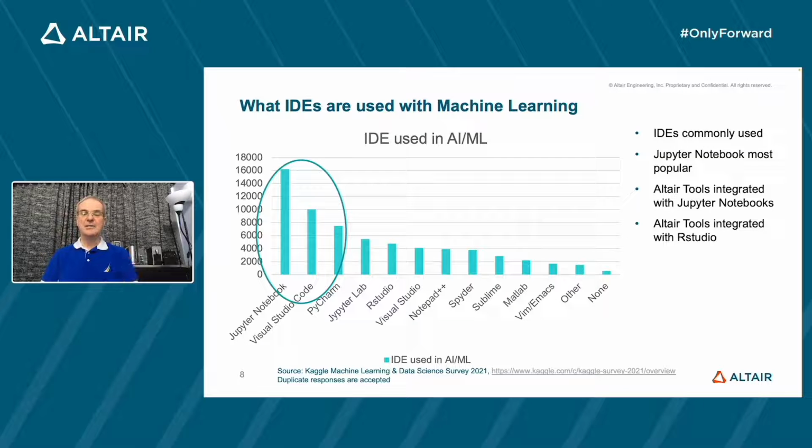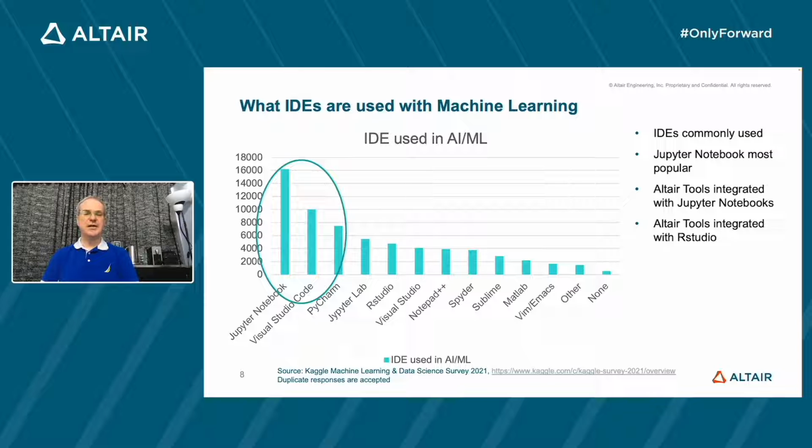It may be a bias because Kaggle makes it easy to use Jupyter Notebooks in their data sets and tools. The next two are Microsoft Visual Studio Code and JetBrains PyCharm. Visual Studio Code and PyCharm are very popular tools for all types of development. So again, probably not a surprise that they're also popular for AI/ML, especially since they're well integrated with the Python programming language, which is often used in AI/ML.